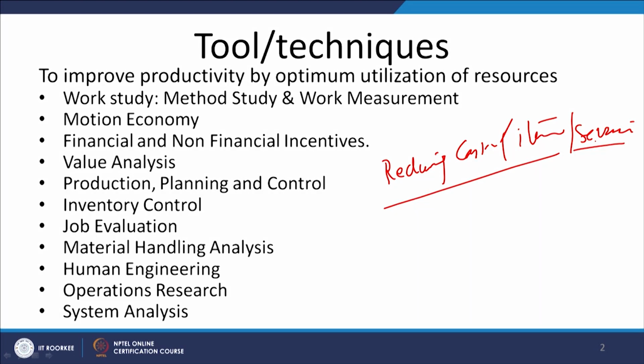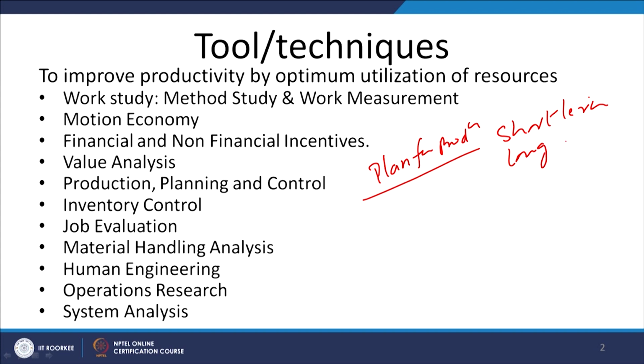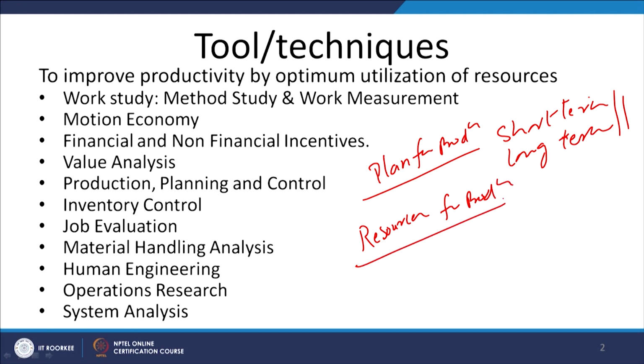Then we have production planning and control. So, under production planning and control, a plan for production, either short term or long term, is developed, so that accordingly the resources for production can be arranged.